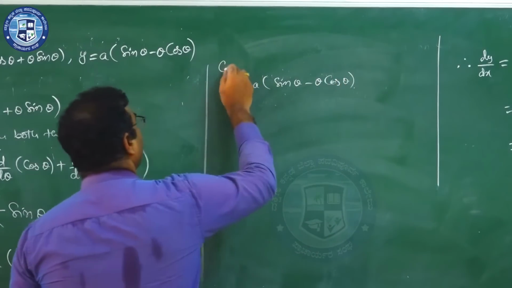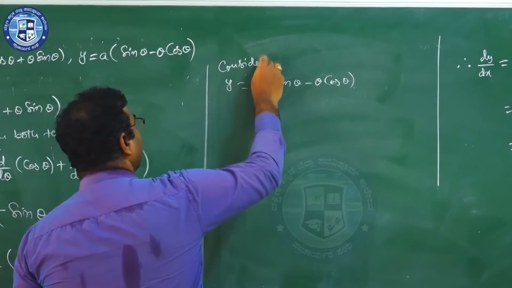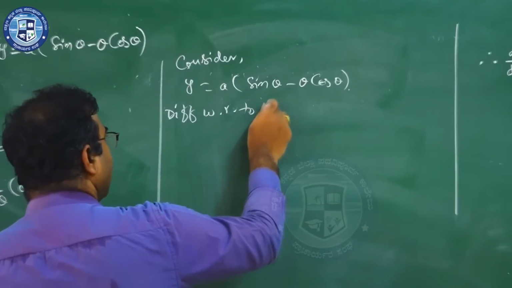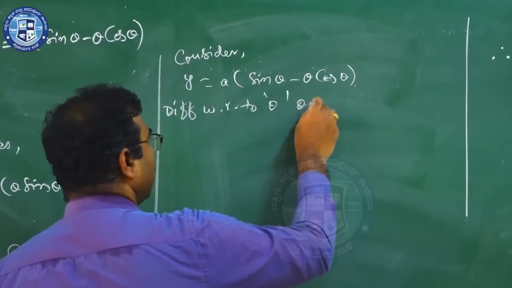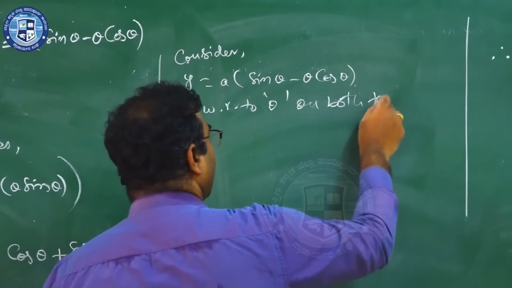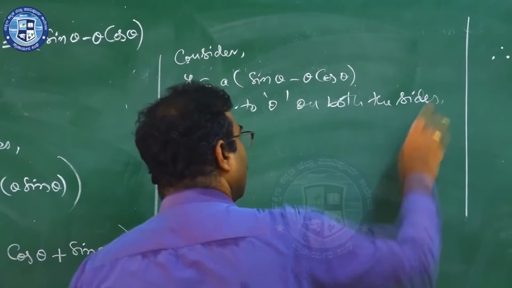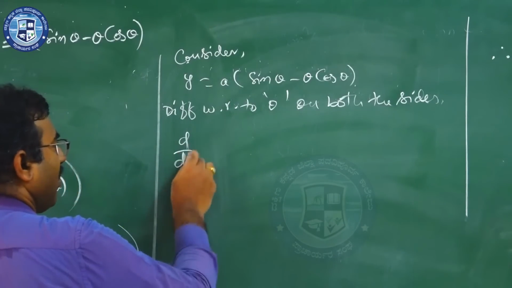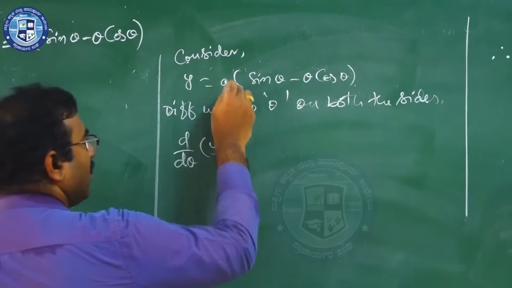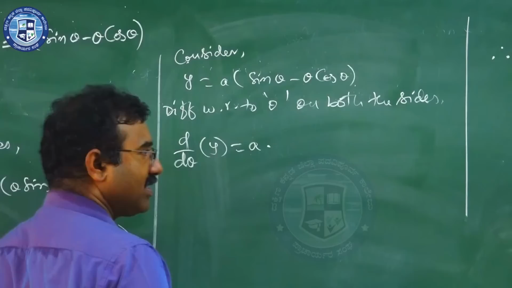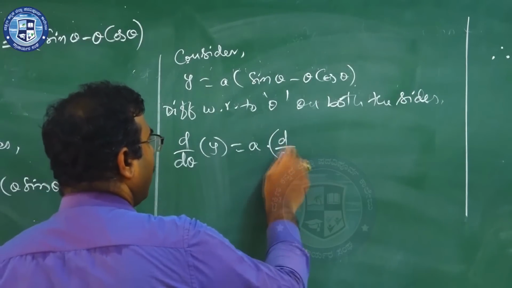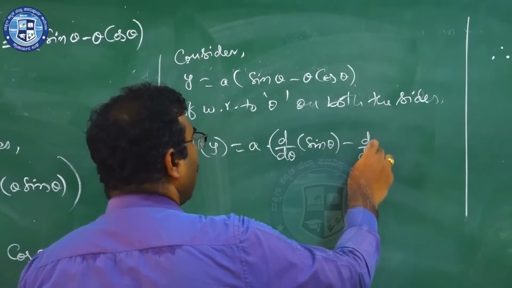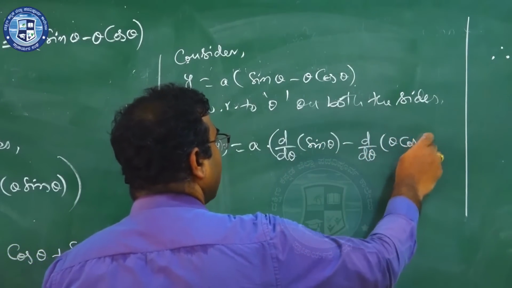We consider this now and we differentiate with respect to theta on both the sides. So d by d theta of y is equal to, a is a fixed value, we can write outside, d by d theta of sin theta minus d by d theta of theta cos theta.